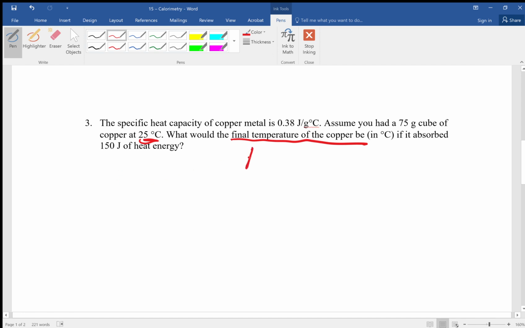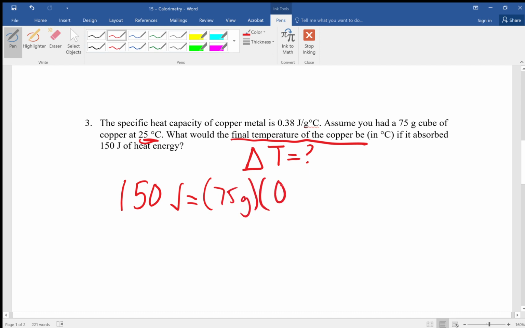So in other words, our unknown here is delta T. So Q is 150 joules, is equal to the mass, 75 grams, times C, given as 0.38 joules per gram per degree Celsius, times delta T.